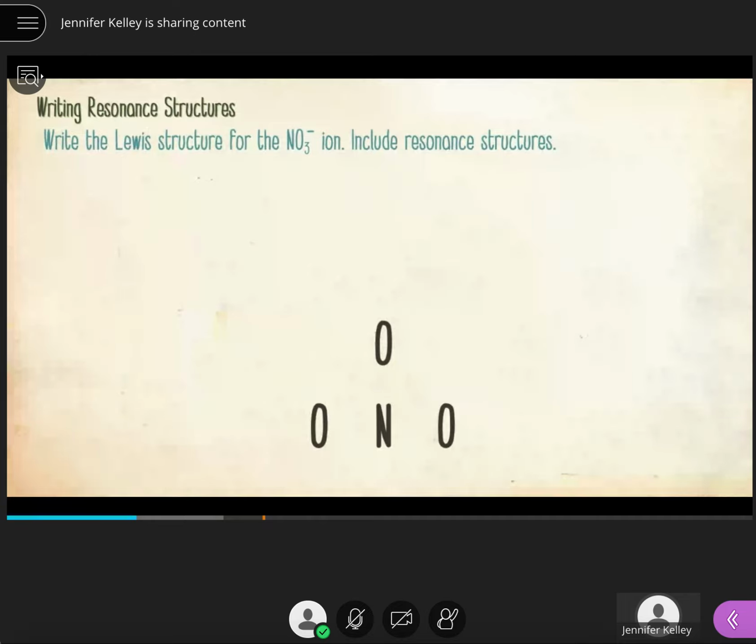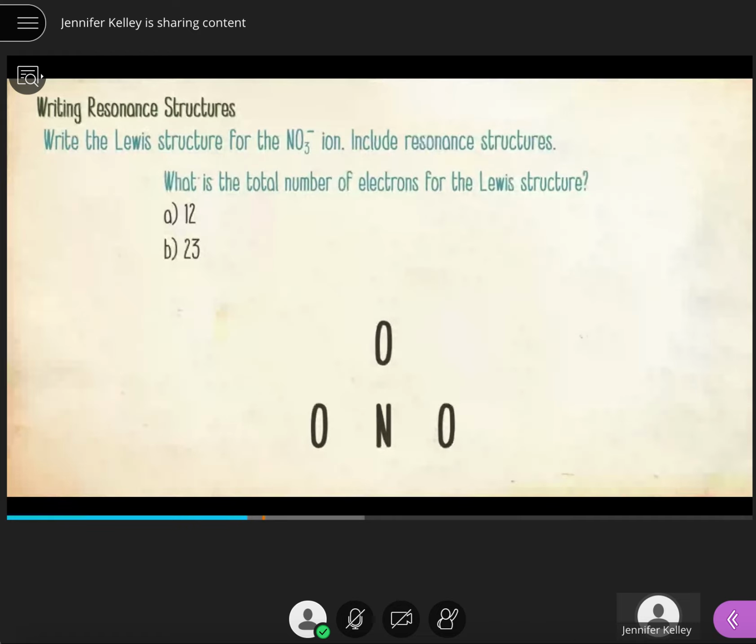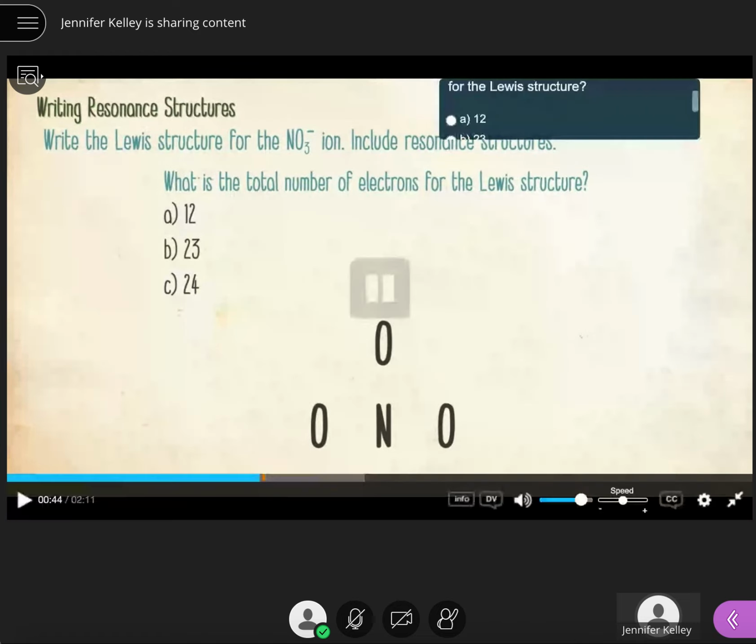The second step is to calculate the total number of electrons for the Lewis structure by summing the number of valence electrons for each atom and adding 1 for the -1 charge. Go ahead and try that yourself now. What is the total number of electrons for the Lewis structure? A, 12, B, 23, or C, 24?